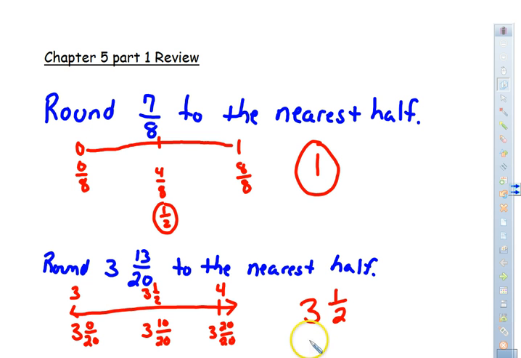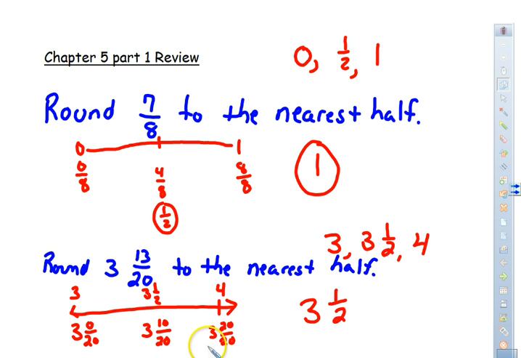So again, remember, your only possible answers are 0, 1/2, or 1 whole for this problem. Since we have a mixed number here, it would be 3, 3.5, or the next number, which is 4. Those are your only options to select from.